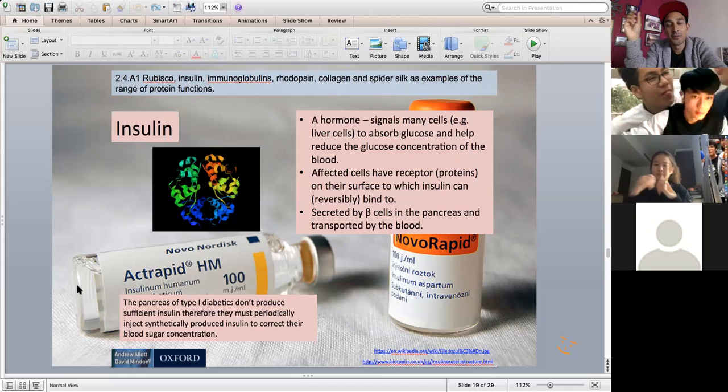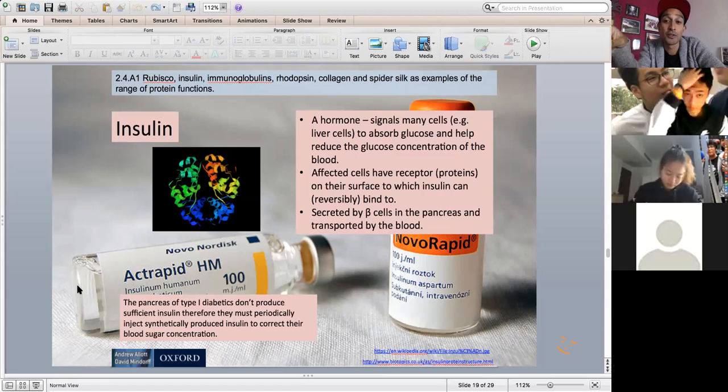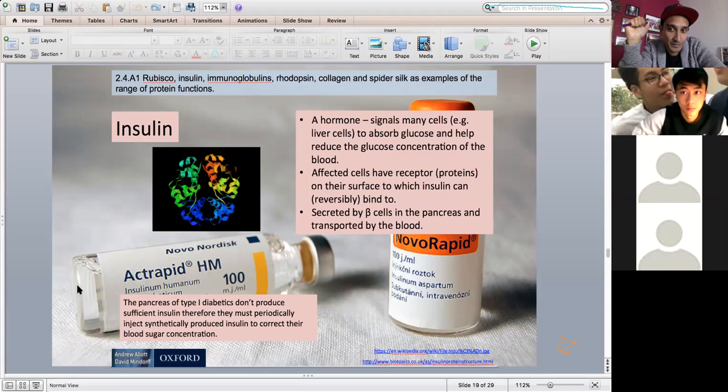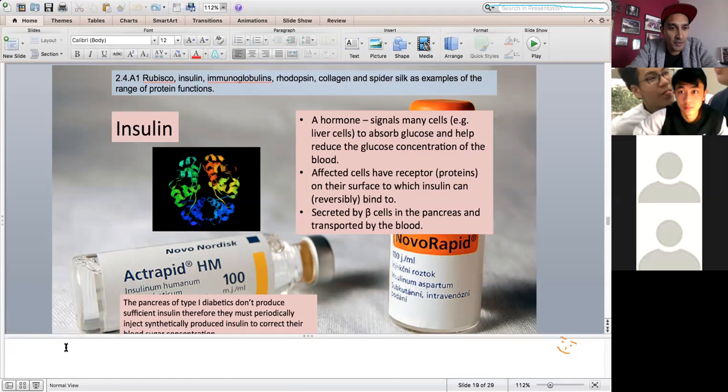Glucagon promotes the breakdown of stored glycogen. How do we store extra glucose? Fat. Fat, but before that, glycogen, right? We saw this in previous videos, right guys?